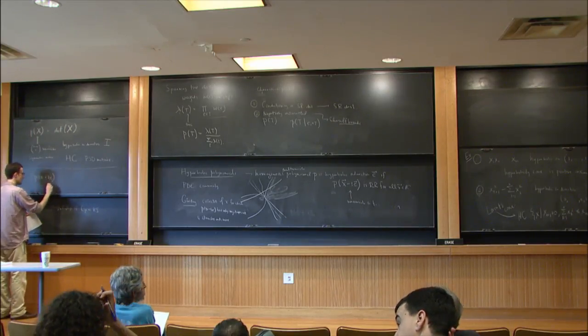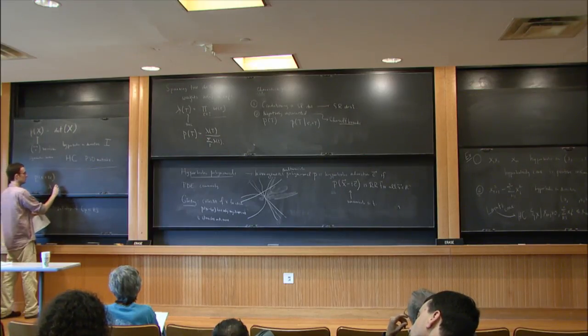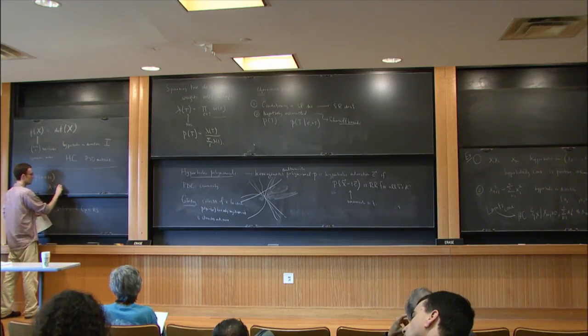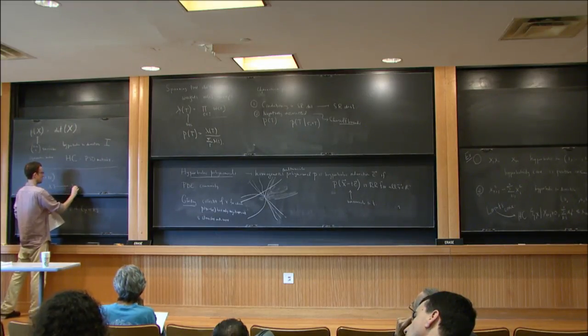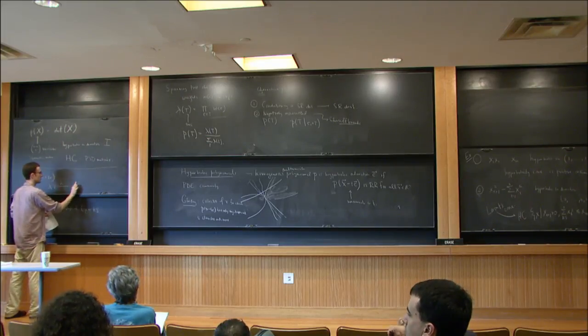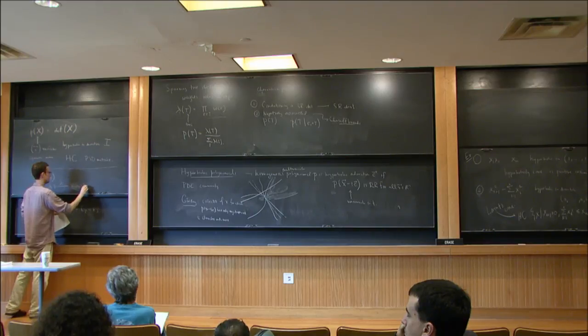So you have a map from x, which is your input, to lambda, the roots of P of x plus te.